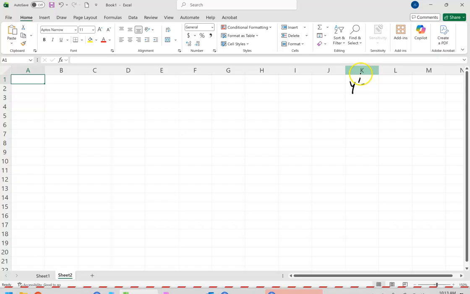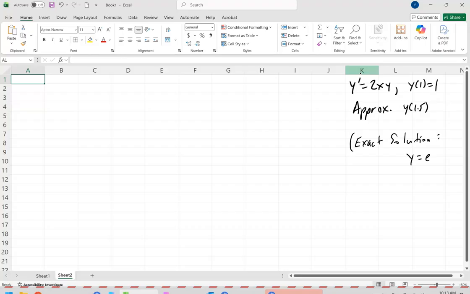Y prime equals 2xy. Y of 1 equals 1. We want to approximate y of 1.5. And we already know that the exact solution is y equals e to the x squared minus 1.